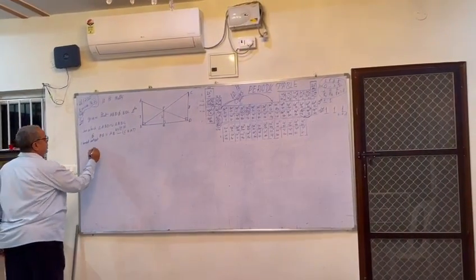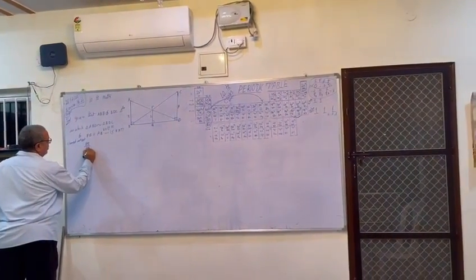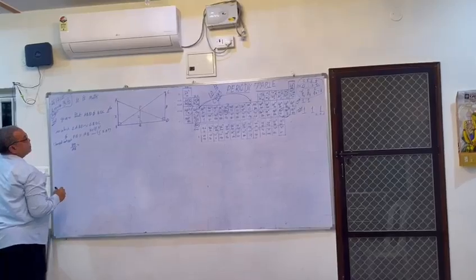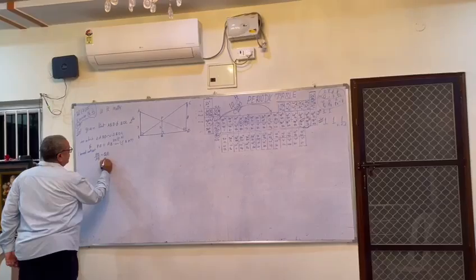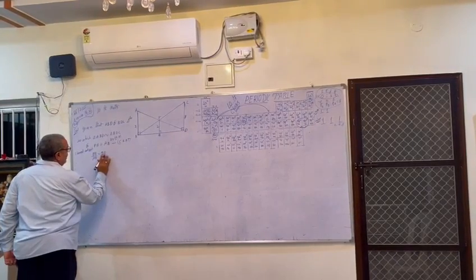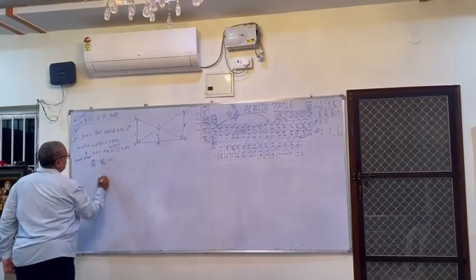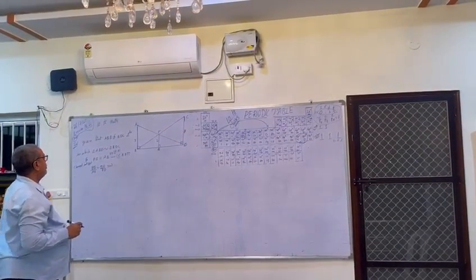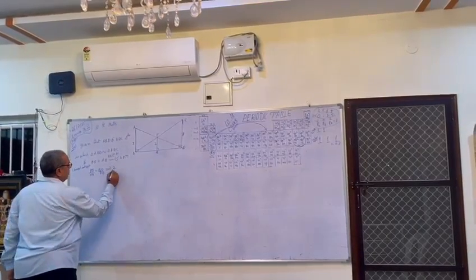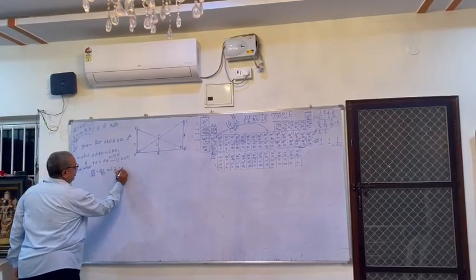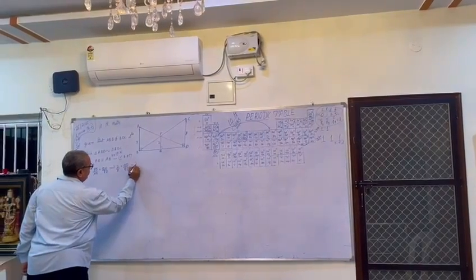PQ by AB is equal to QD by BD. Implies, what is given? PQ is given as Z and AB is given as X, so Z by X is equal to QD by BD. This is equation 1.